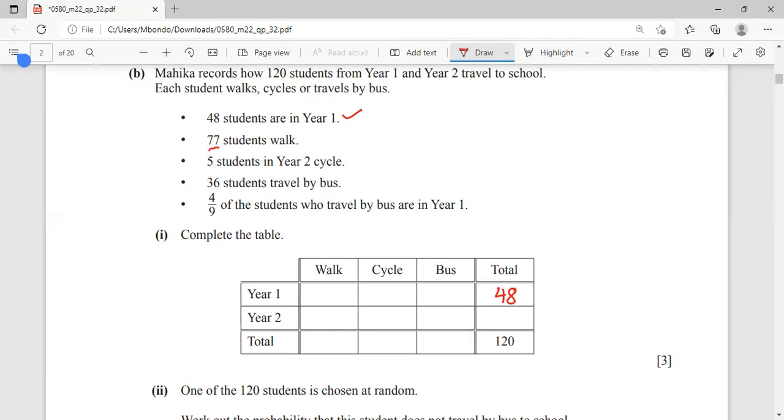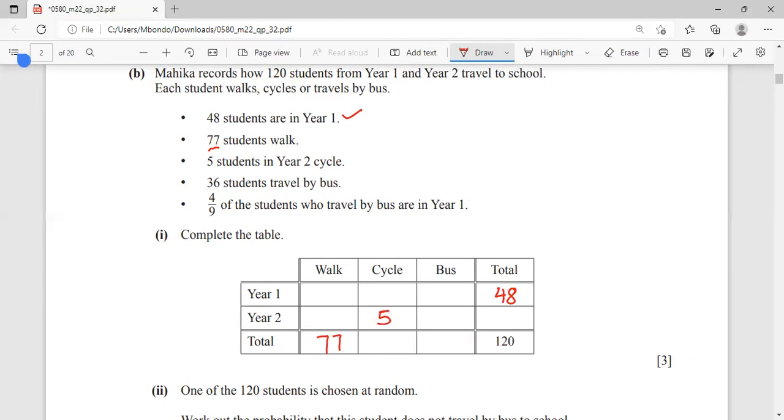So the total number of students who walk is 77. So we write it here. Then 5 students in year 2 walk. So year 2 is here.